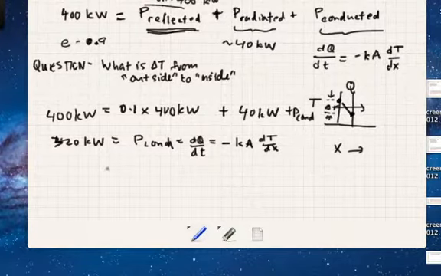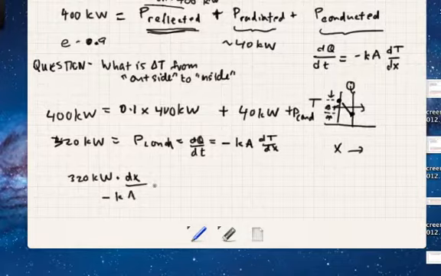Now let's start to plug in some terms here. We know that 320 kilowatts times dx, divided by negative kA, equals this dT, this gradient. This will be equal to 320 kilowatts.